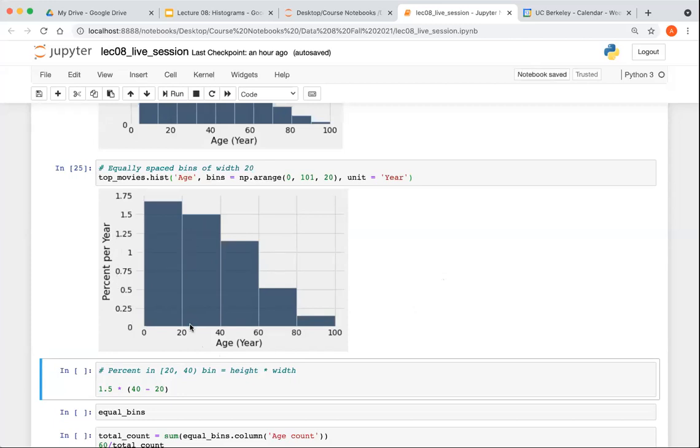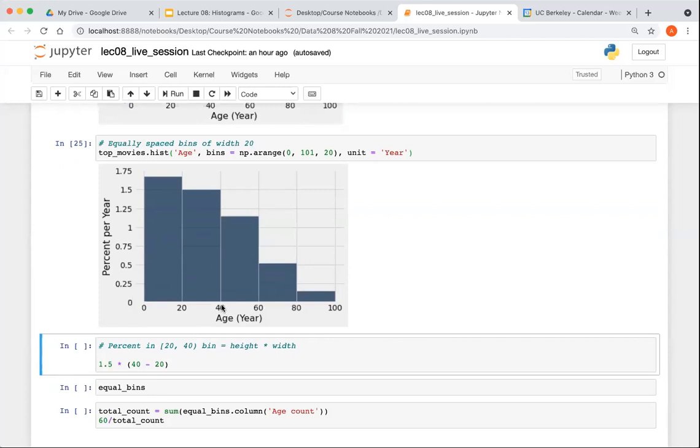This bar here, the bar over 20 to 40, that's a rectangle. So its area is its height times its width. Its height is given to me as 1.5 somethings, whatever it is, numerically it's 1.5. What is the width? The width is right endpoint minus left endpoint, so 40 minus 20. And so the area is the height times the width. Do you agree with that arithmetic there in my cell?